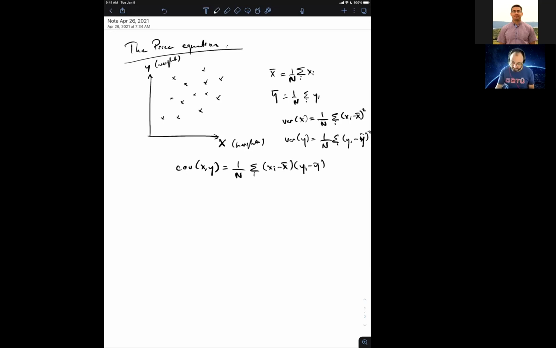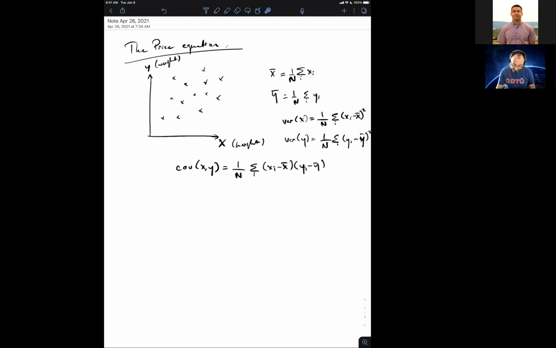So it sounds like the variance, right? But instead of taking the square of the deviation of the value, you take the deviation in the X direction, multiply that with the deviation in the Y direction, and then take the average of that.